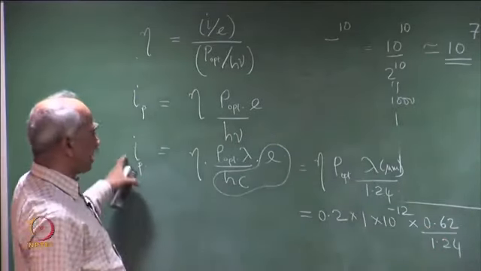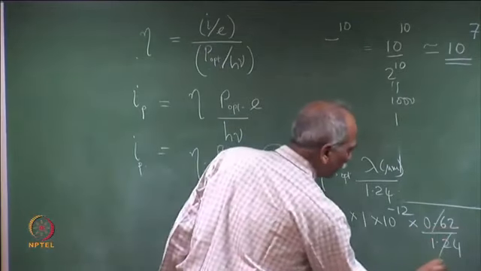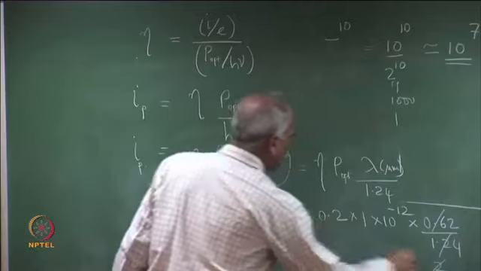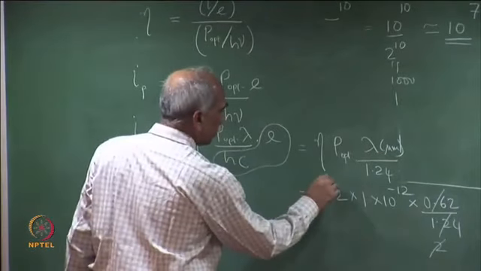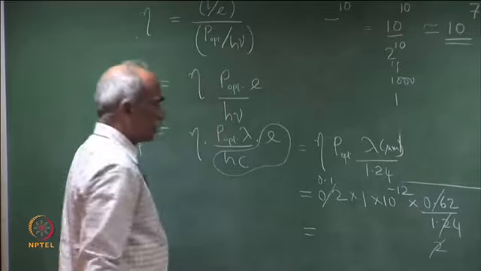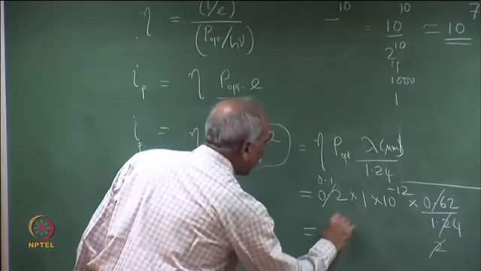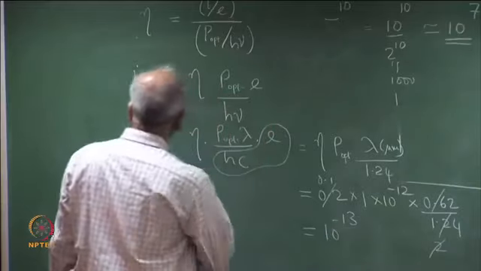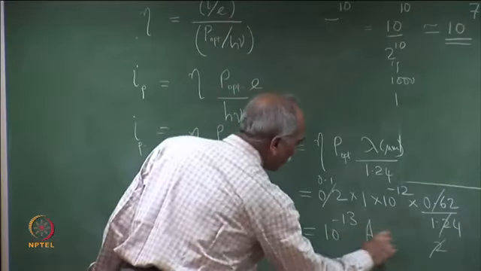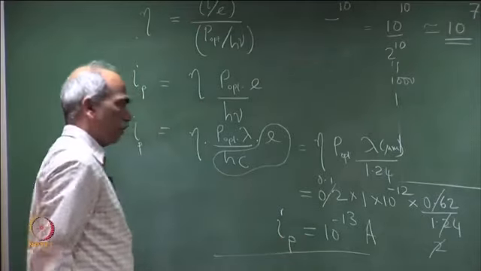So this is the primary photocurrent generated. The 2 and 2 cancel to give 0.1, so approximately 10 to the power of minus 13. So Ip is equal to 10 to the power of minus 13 ampere, the primary photocurrent generated.